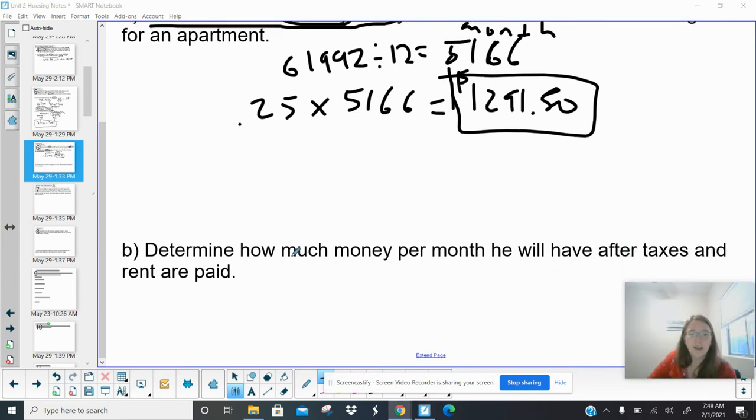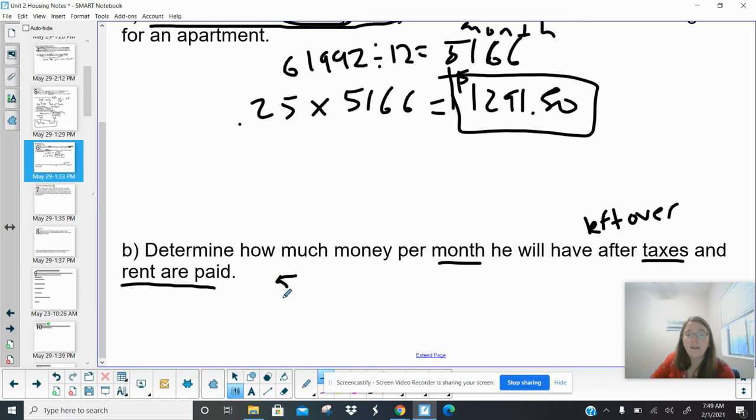We want to figure out then how much money he will have. We can add here left over if that will help you understand what we're going to be doing. Determine how much money per month, once again, he will have after taxes and rent are paid. So let's break this down. How much money did he have per month to start with? It's on the screen here.